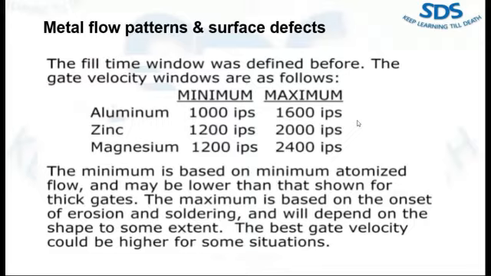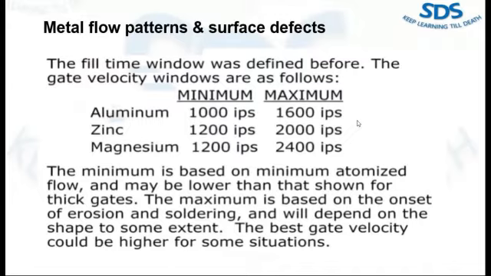In some situations, a higher gate velocity could be appropriate. Below the maximum there is much less problem with gate erosion, but the minimum should be watched, and castings made below the minimum velocity just don't work.